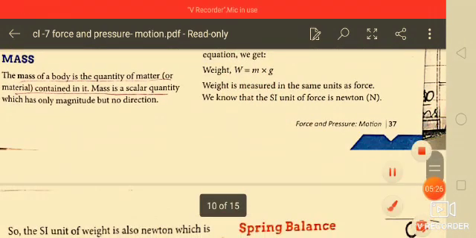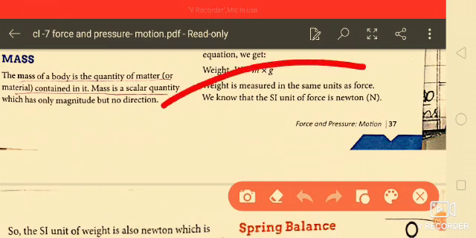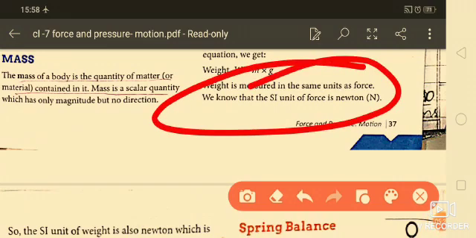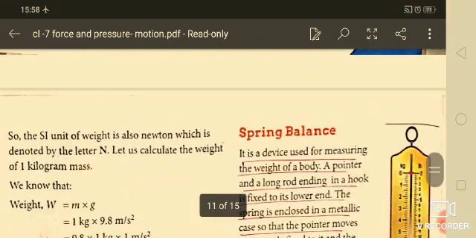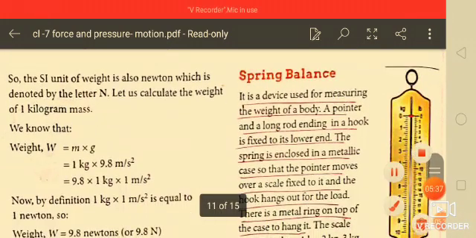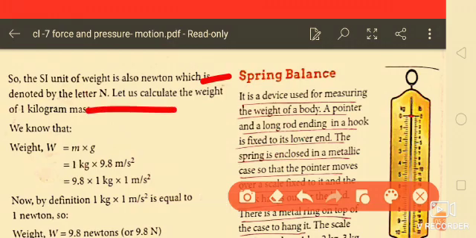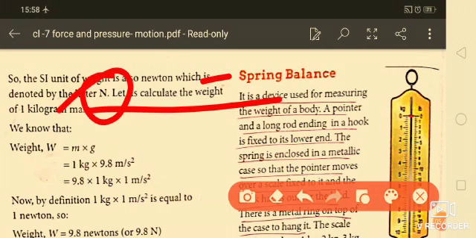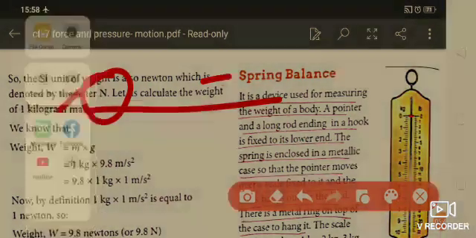Now its SI unit. Weight is measured in the same unit as force, and we know that the SI unit of force is Newton. So the SI unit of weight is also Newton, which is denoted by capital N. How will you calculate it?